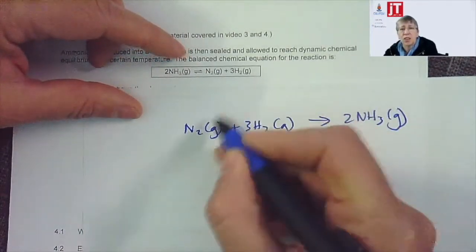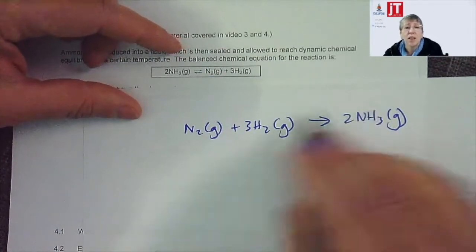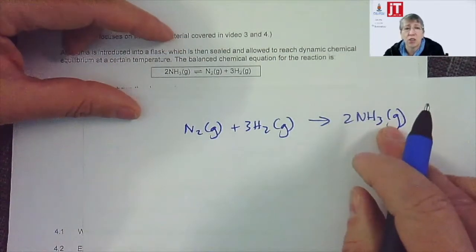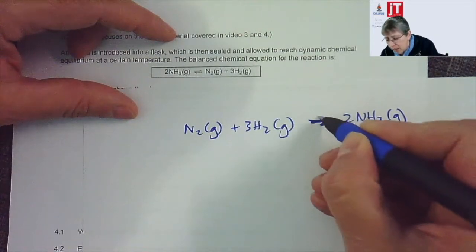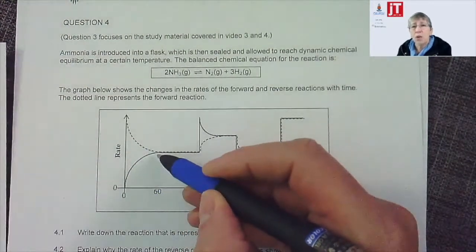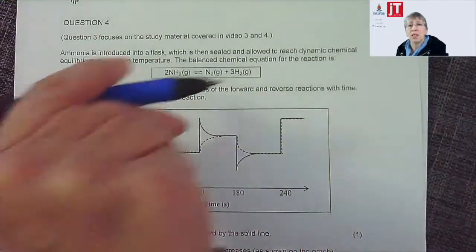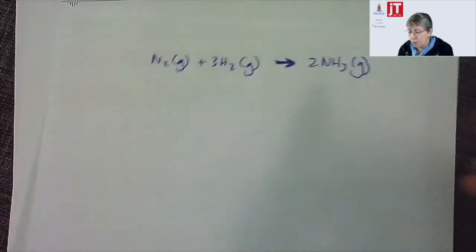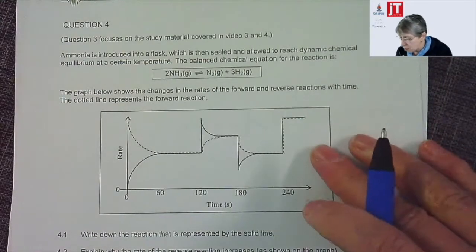Now, these two can switch around because that's what I put in. They are reactants, right? But the two sides can't switch around, and you definitely need only a single line, right? Because that solid line only refers to the reverse reaction, right? The dotted one is the forward reaction. So make sure that you've got the single line, otherwise you won't be able to get that mark.